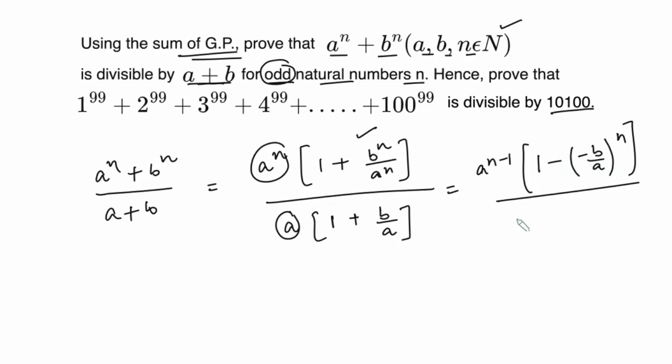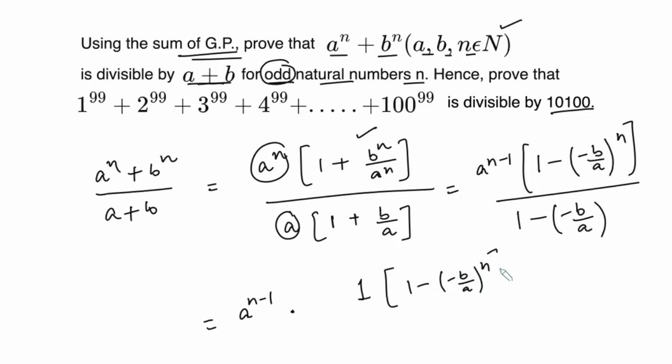And the denominator, again, it can also be written as 1 minus b over a. And that is same as a raised to the power n minus 1 times 1 multiplied by 1 minus negative b over a raised to the power n over 1 minus negative b over a.